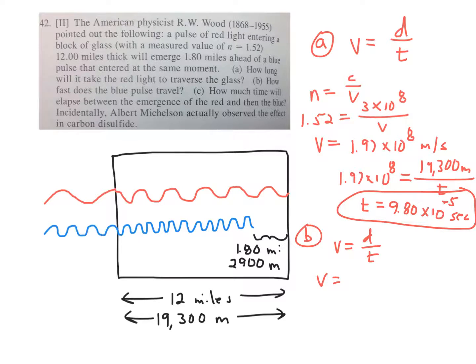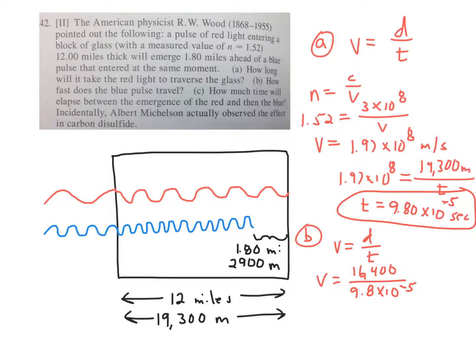It comes up short by 1.8 miles, which is 2,900 meters. So if you take the 19,300 meters minus the 2,900, what's that give you? 16,400 meters. It goes 16,400 meters in the same time, the 9.8 times 10 to the negative 5th seconds.